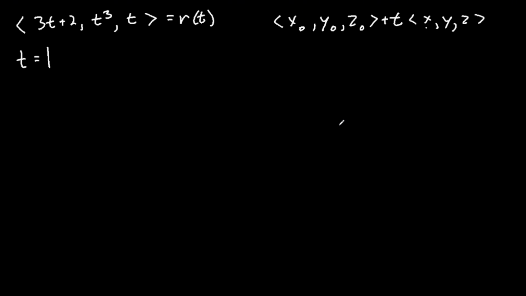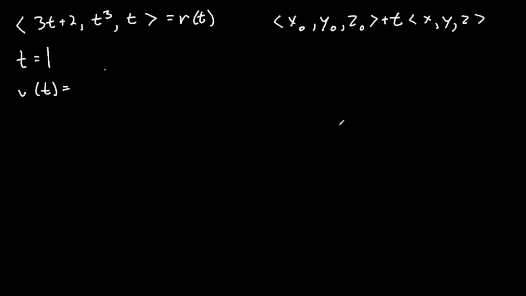And x, y, z is the vector that is parallel to a line, and x null, y null, and z null is the values of any point on that line. So, what do I mean by that? Well, let's do the problem and you'll find out. But first thing you have to do is find the velocity.